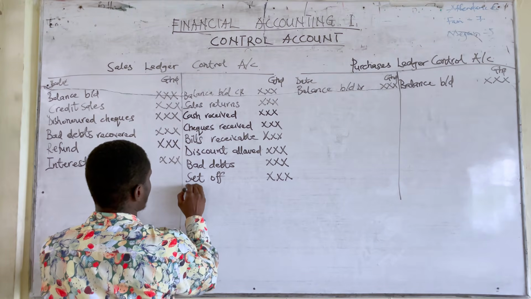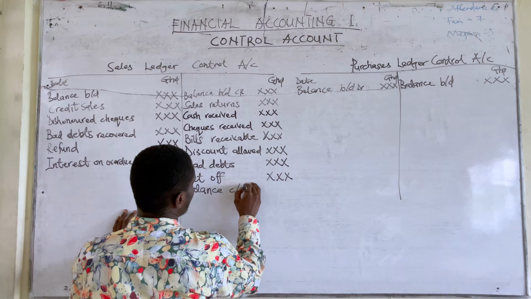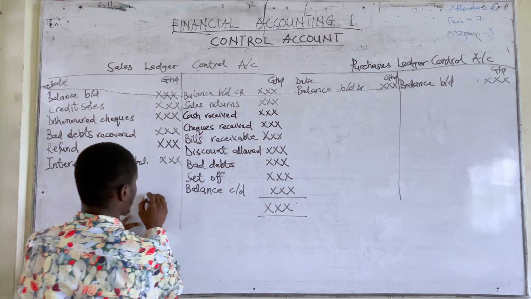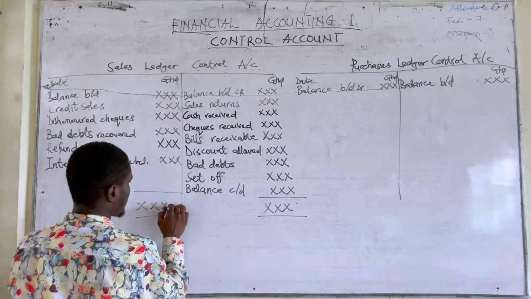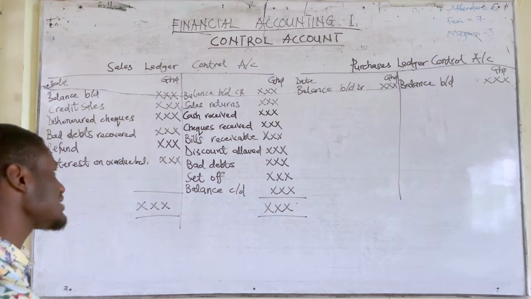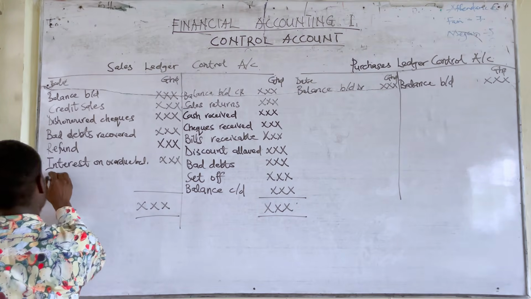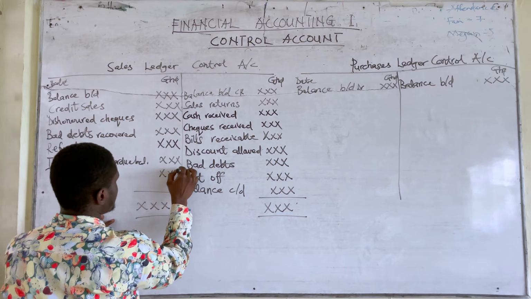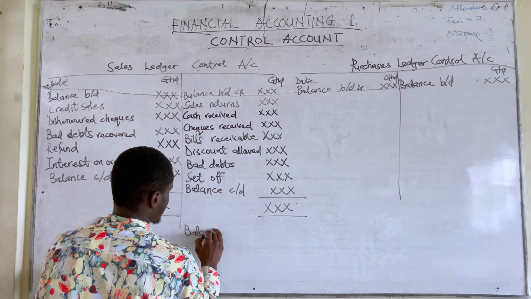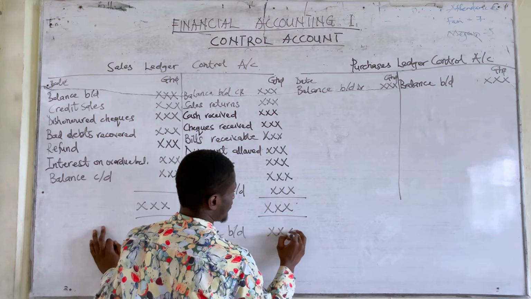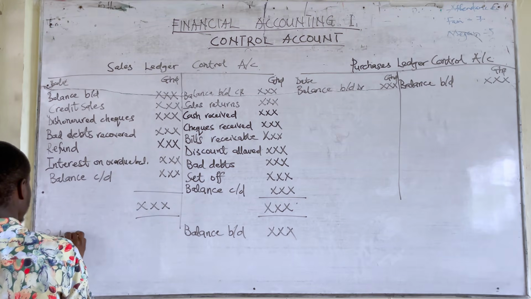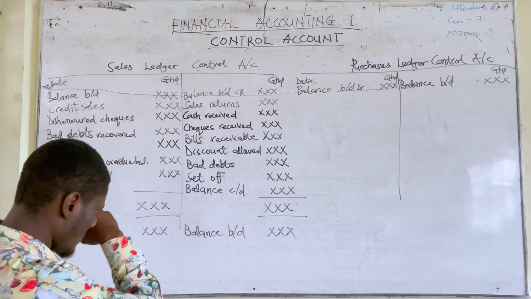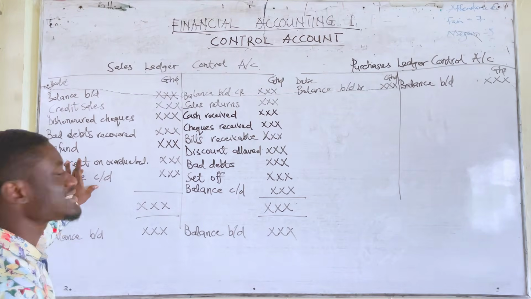Now, normally this is where we are going to get our balance c/d, but we can still get our balance c/d here. Do you get it? So we can still get it.